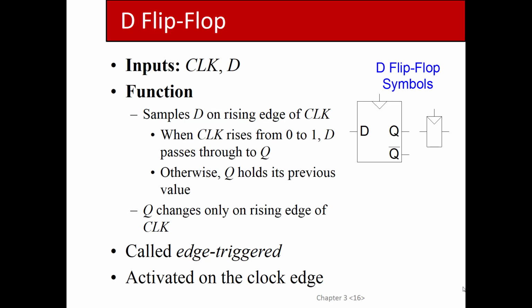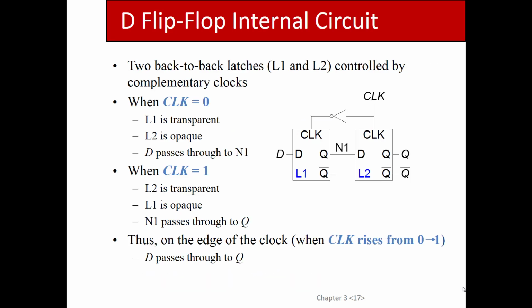But how do you build a flip-flop? Well, you build it with latches. You put two latches together, and you have one latch with a negated clock and the other latch with a non-negated clock, and you connect them in series. The idea is that these are both level-sensitive latches, and this one's looking for clock to be low. This one's looking for clock to be high.